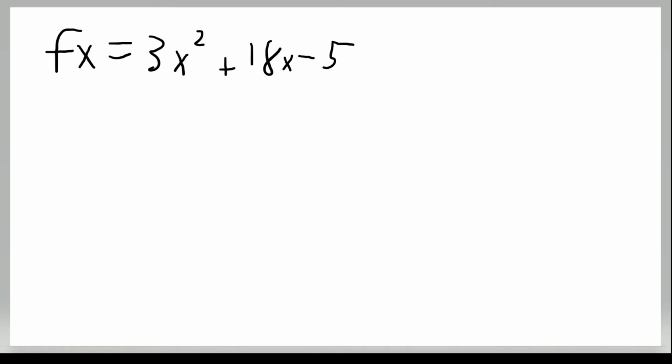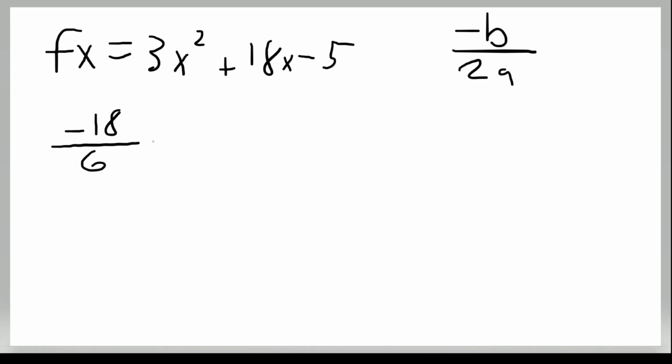So, of course, straight away we need to figure out what x is, so we're using the equation -b / 2a. Negative b is going to be -18 over 6, because 3 times 2 is 6.